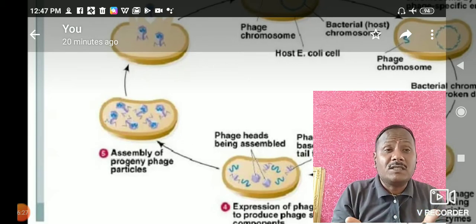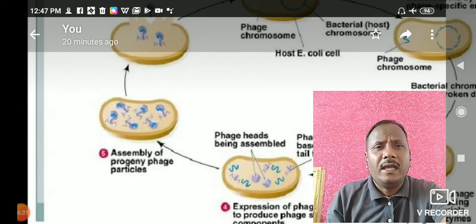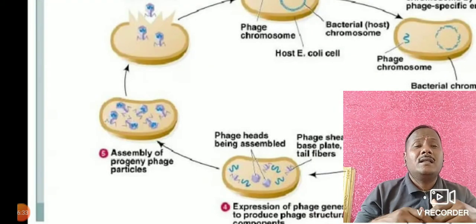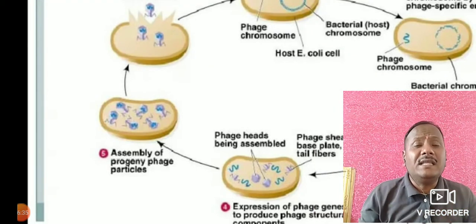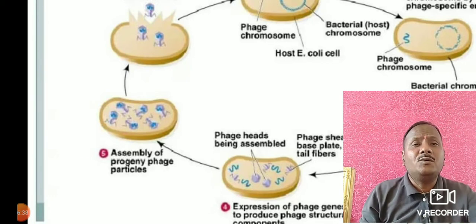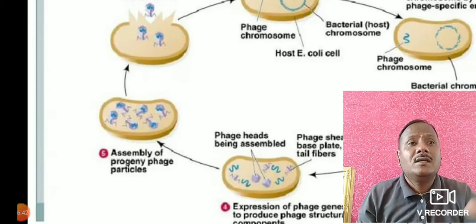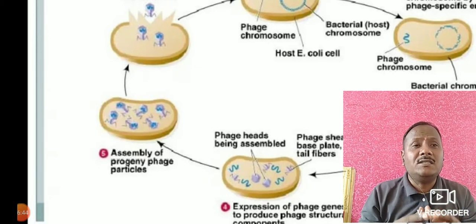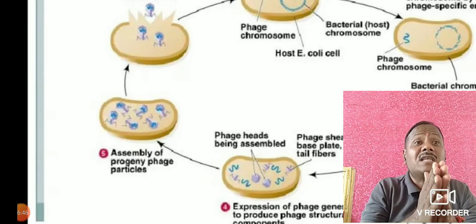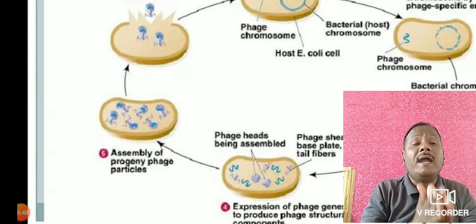The number of such bacteriophage assemblies is also more, and like that the number increases, and due to the increase in number, in the last stage what happens? These viruses, these bacteriophages come out from the bacterial cells.